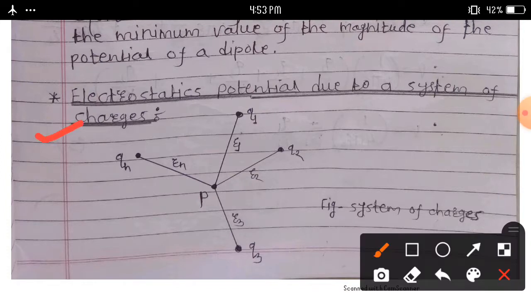Third point: electrostatic potential due to a system of charges. See this diagram.